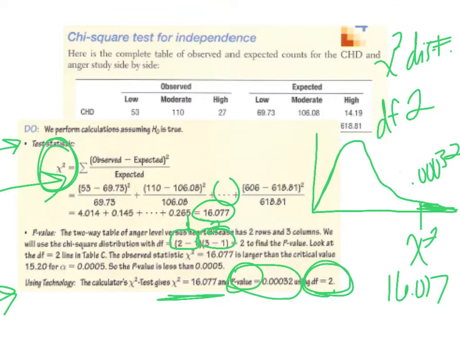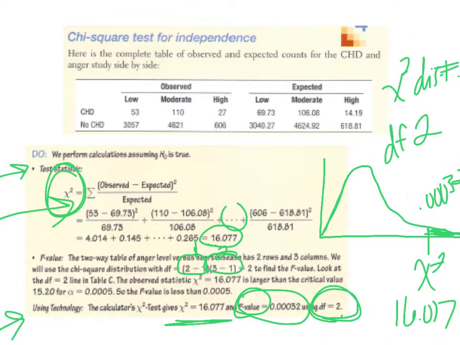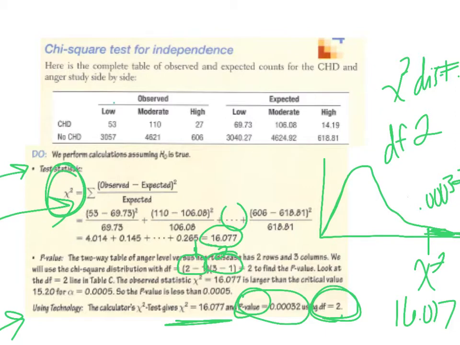Again, not that you're going to get a chi-square value of 16.017, but that you're going to get those observed values that you saw in the sample. There's a really low probability that you're going to see these particular numbers here.